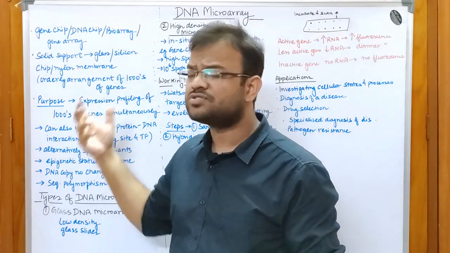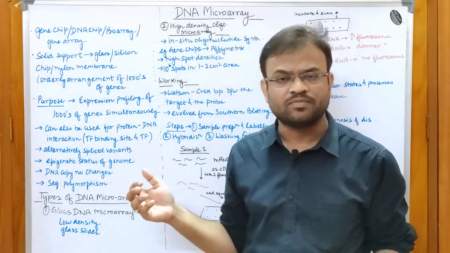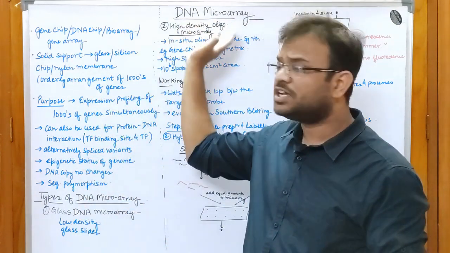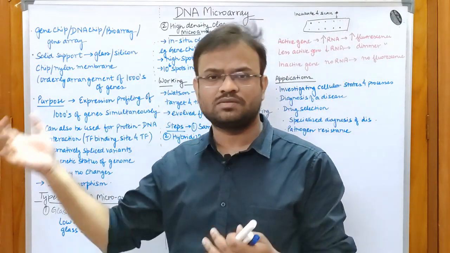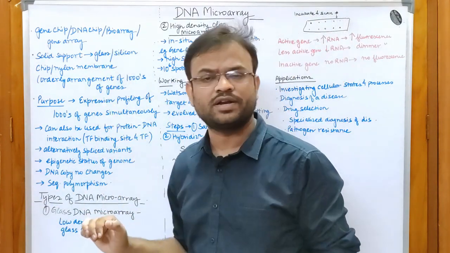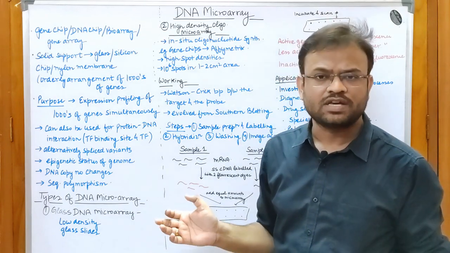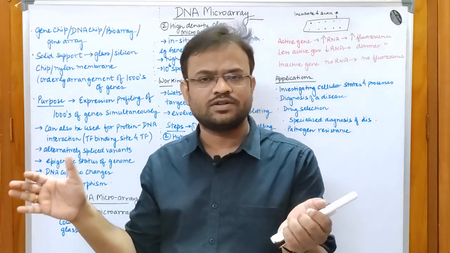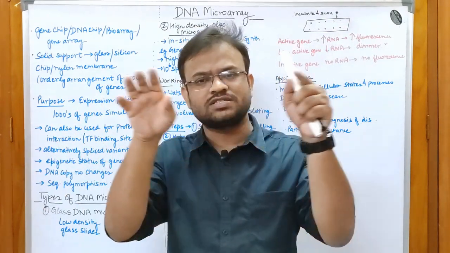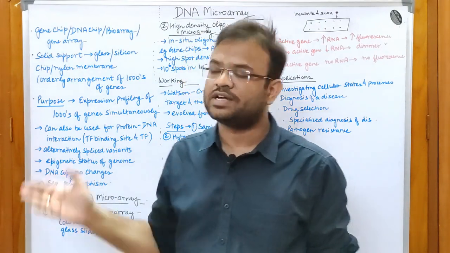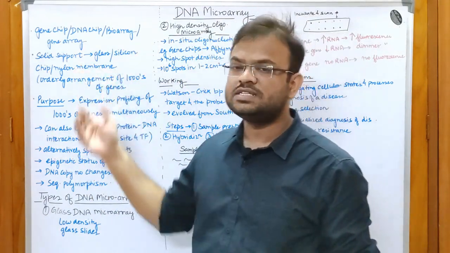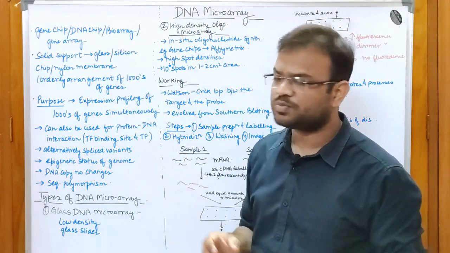Or it is also called a bioarray, right? Because this is a microarray, in the same sense it is called a bioarray or gene array. Array basically means sequence, right? So there are multiple sequences of the genes that are attached on a chip. That is why we are calling it by these names. Okay, so this was the first point.